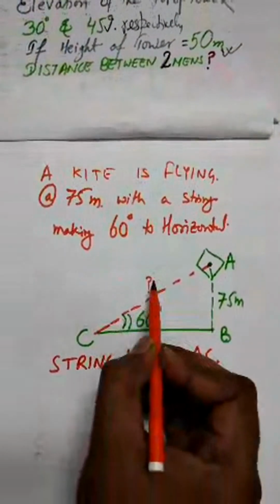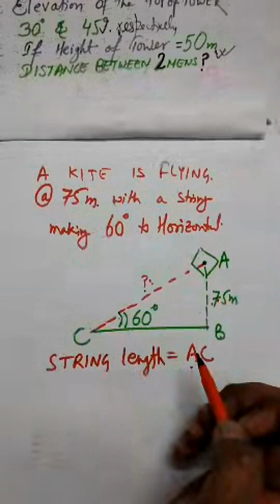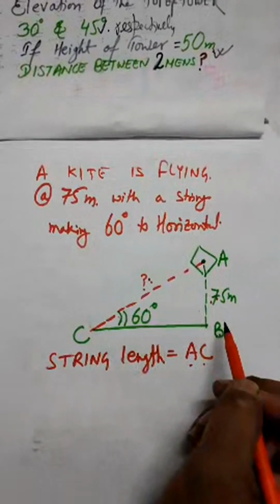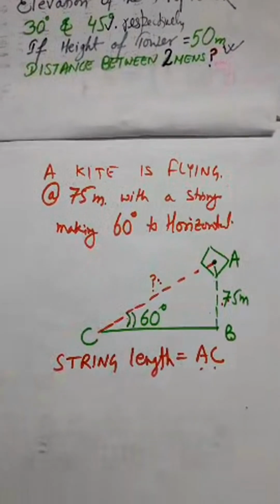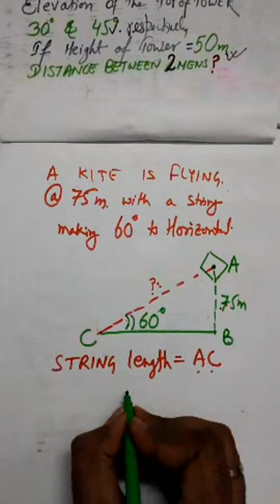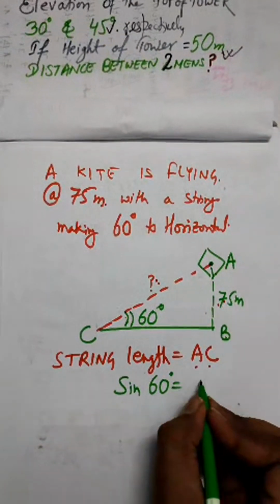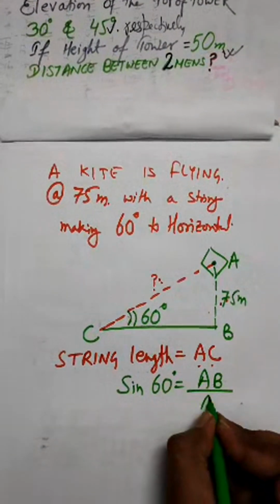The relation between this and this will come from the sine ratio, because AB is perpendicular and AC is the hypotenuse. So just write it simply: sine of 60 degrees is equal to AB by AC.